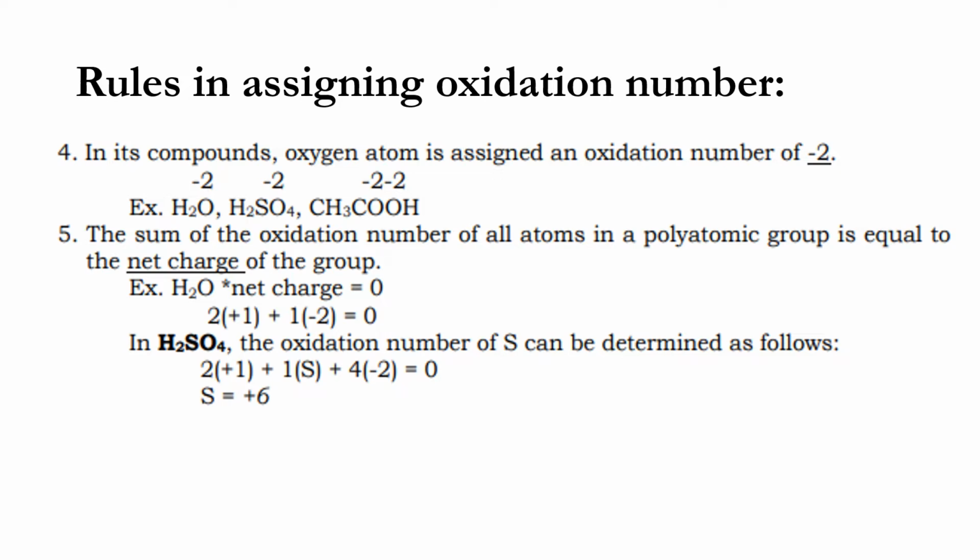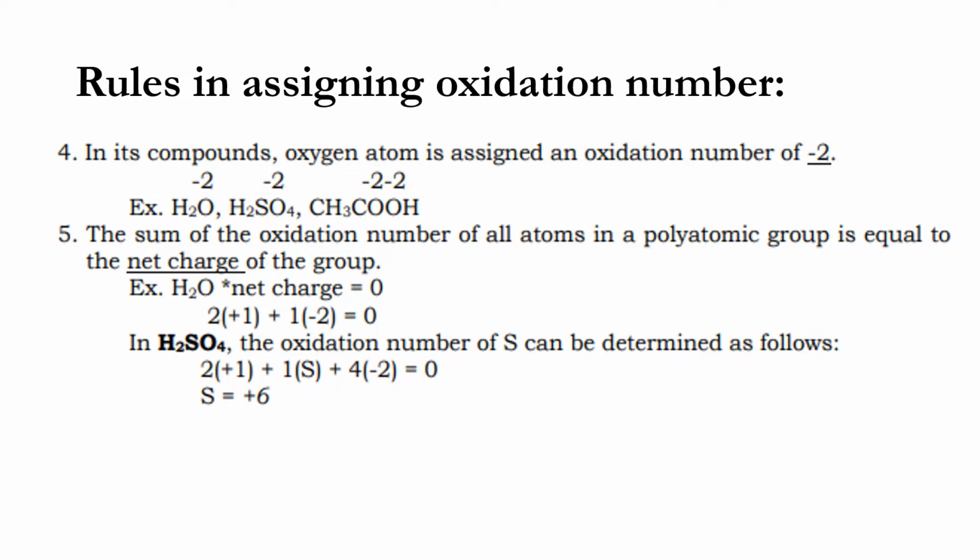In another compound, the oxidation number of sulfur can be determined as follows. So we have three different kinds of atoms here: hydrogen, sulfur, and oxygen. How many hydrogen, how many sulfur, and how many oxygen multiplied by their oxidation number? The net charge must be 0. So we have 2 hydrogen times oxidation number +1, plus 1 sulfur times unknown oxidation number, plus 4 oxygen times oxidation number -2 equals a net charge 0.